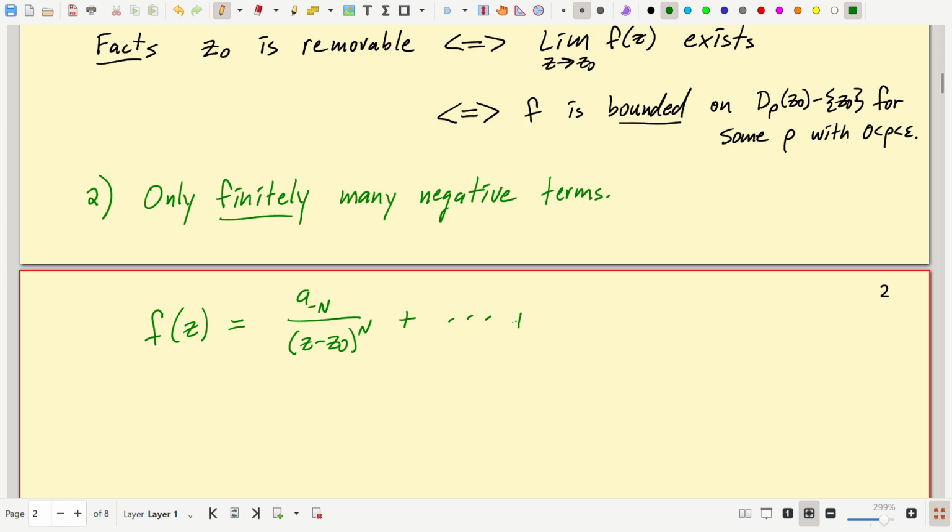The last negative term would be the negative 1 term, over z minus z naught to the 1. And then the rest is a regular power series, a naught plus a1 times z minus z naught plus dot, dot, dot. So this part's a regular power series.